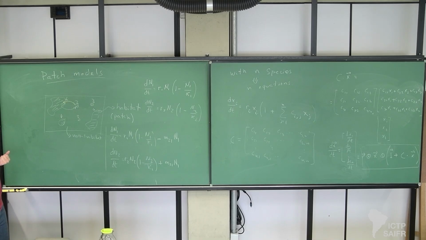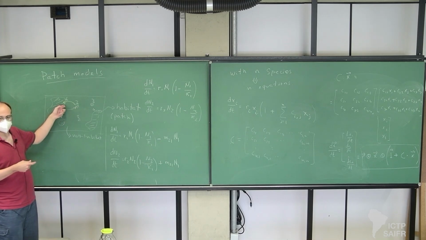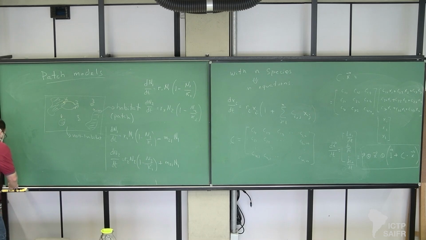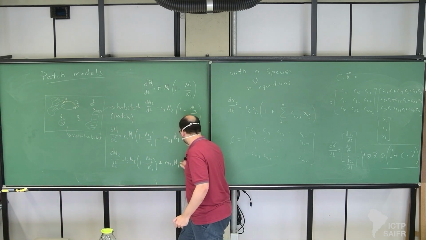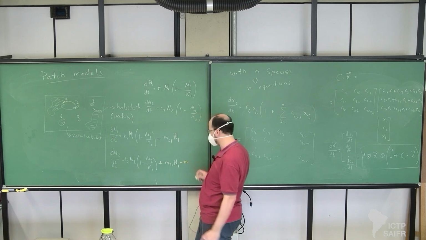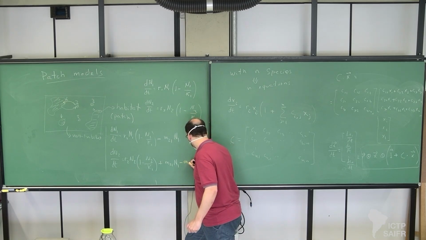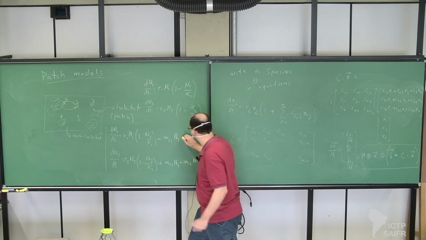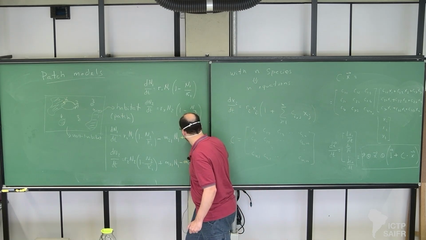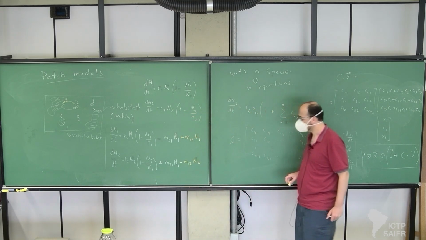But now we also have to account for the other direction: individuals leaving patch 2 and going back to patch 1. Okay, how do I do this? It's the same, right? So I have individuals leaving patch 2 and arriving at patch 1. So it's the same term as down here, yeah?